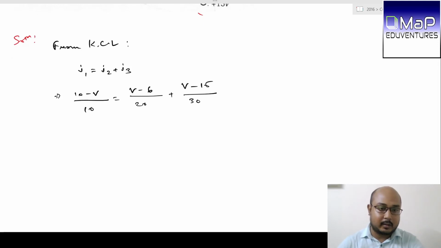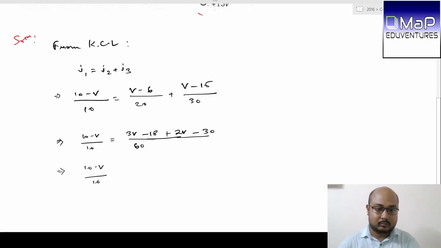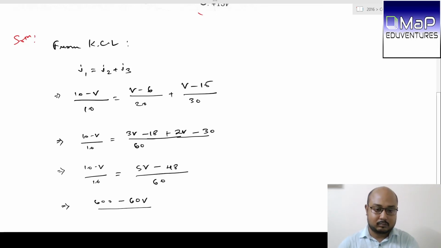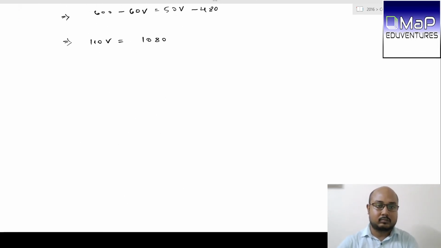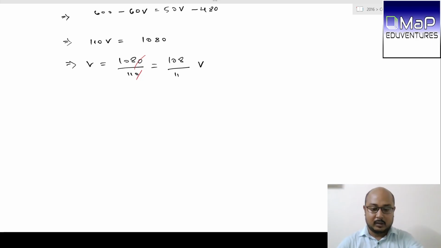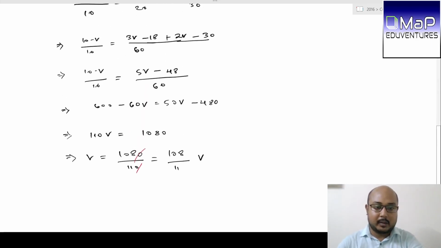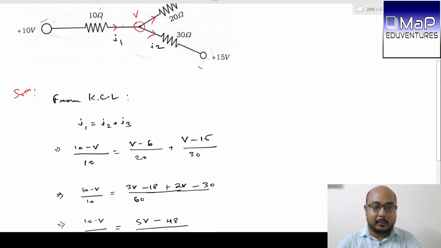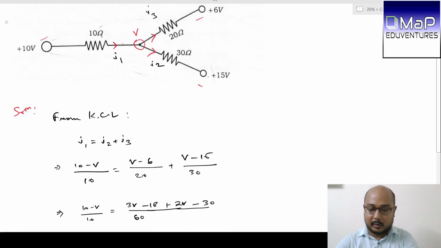Okay, so now the next task is to find the value of V. We need to find the value of V, so we proceed normally as we do. Right, so the voltage we got at this point, this V, is equal to 108 by 11 volt.